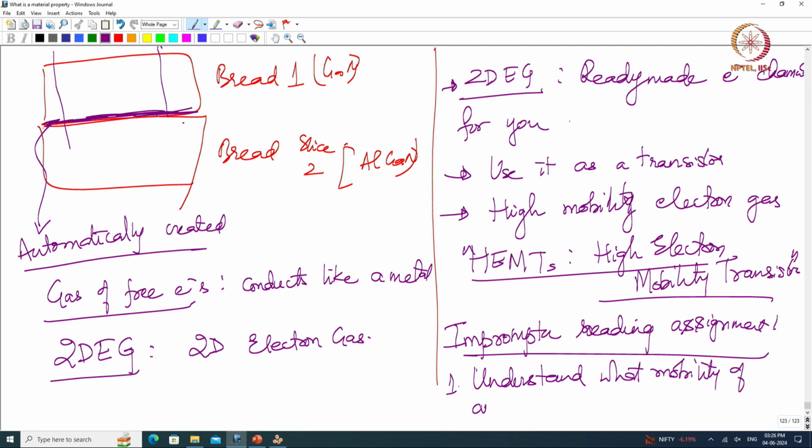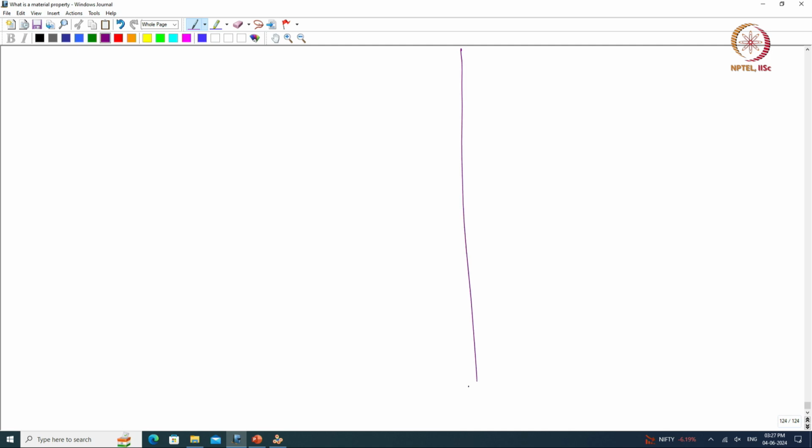Of any carrier, essentially, mobility is... and number two, try to familiarize yourself with the values of mobility. What are the typical values in, let us say, p-type silicon?